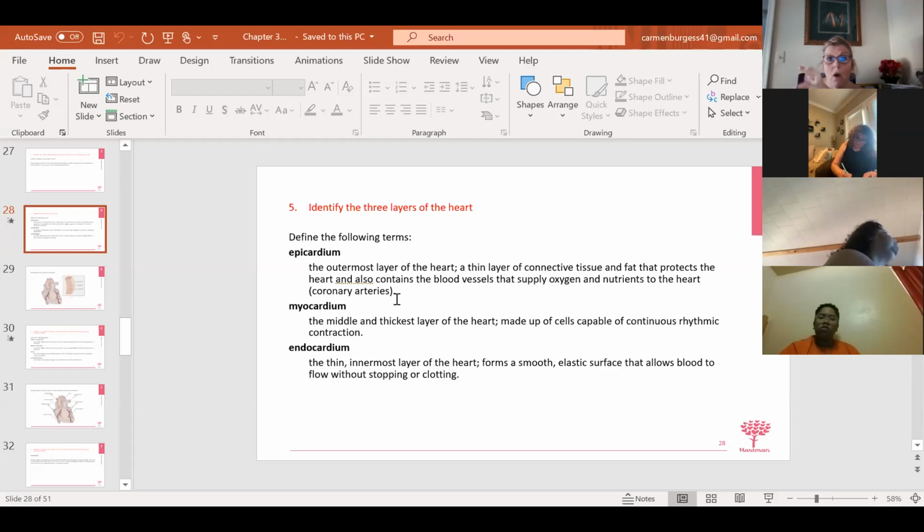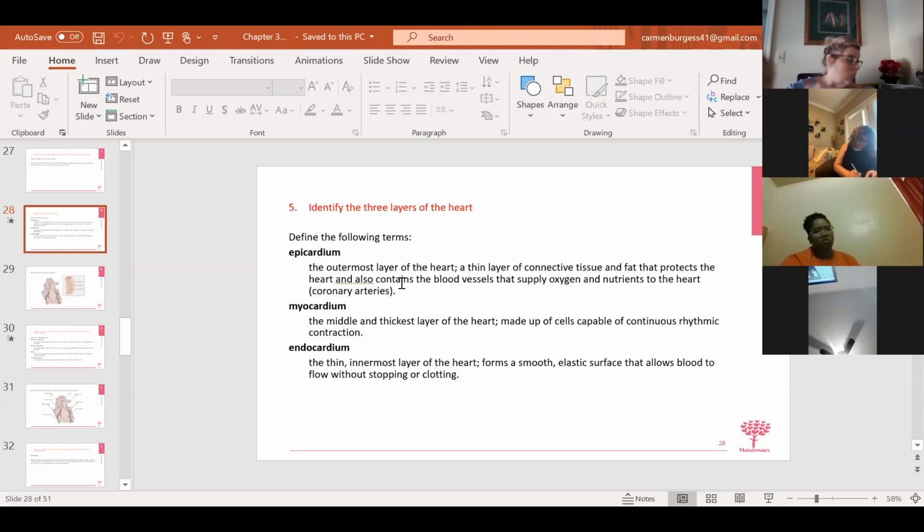You don't want it to clot or get stuck, so it's got to have that smooth layer to make sure the blood flows through correctly. Everybody good with the 3 layers of the heart? And why do we need to know that? Because everything that goes on with the heart affects those 3 layers.